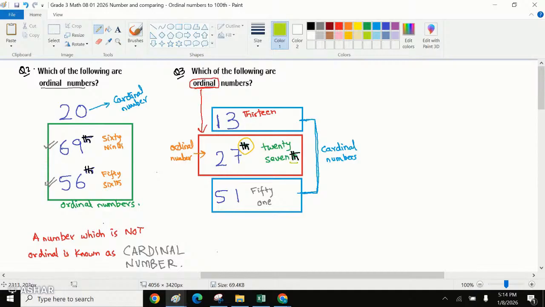But 13 did not have a th, so we say that this is a cardinal number. Do we agree? So right now we are looking at the difference between ordinal numbers and cardinal numbers. I'll give you another example.